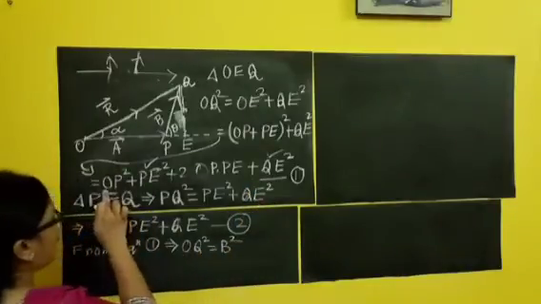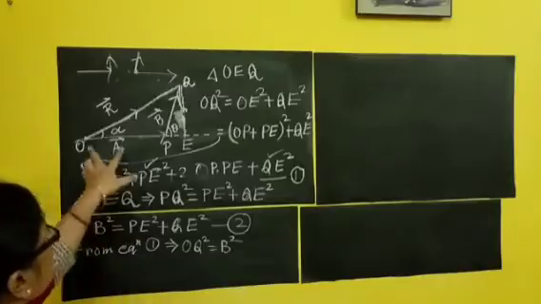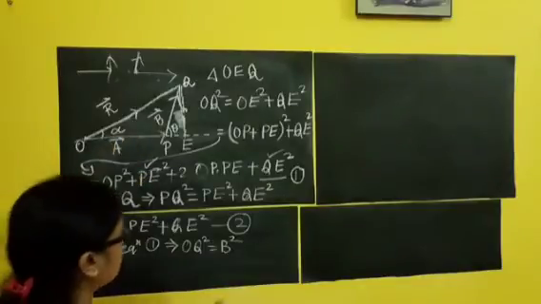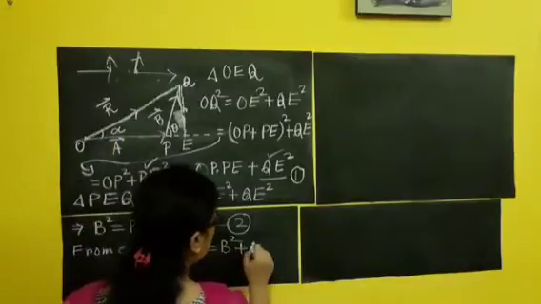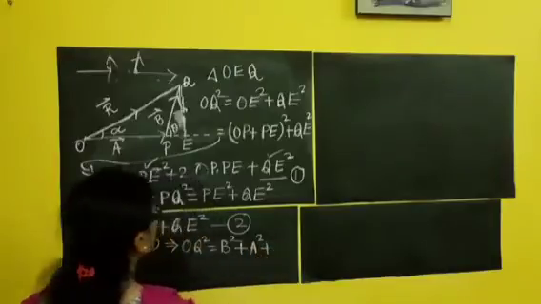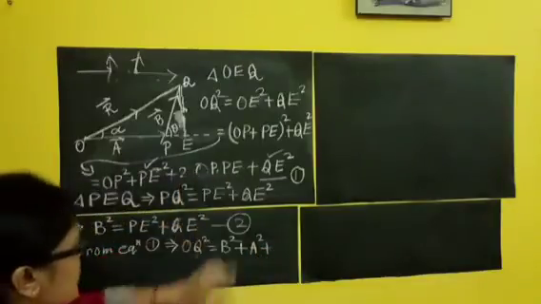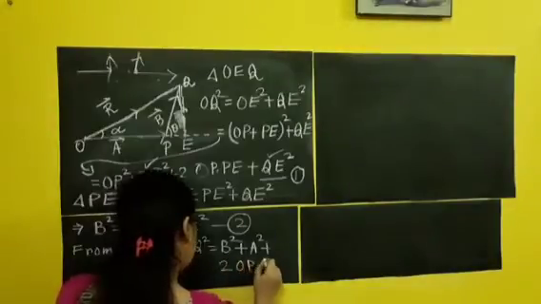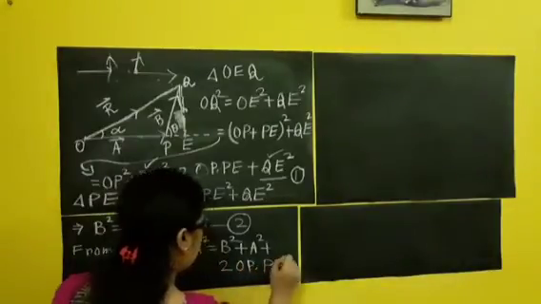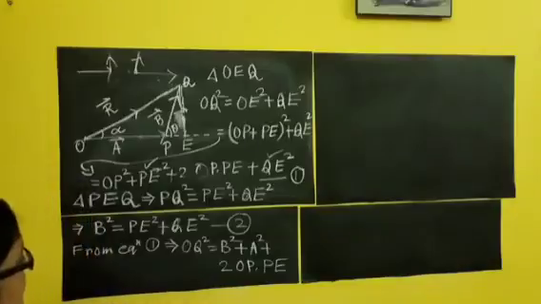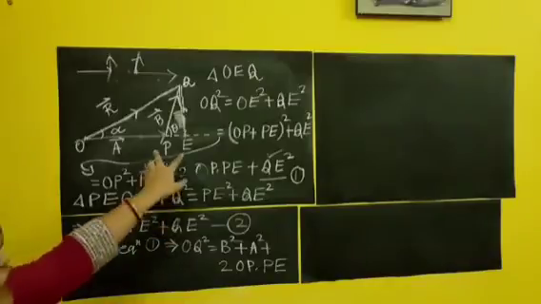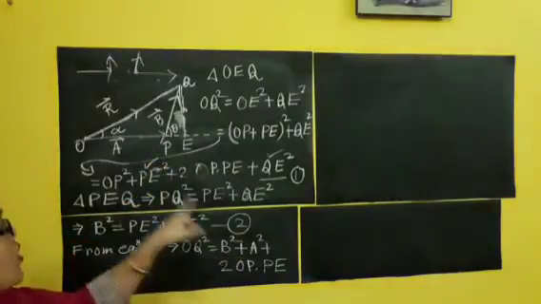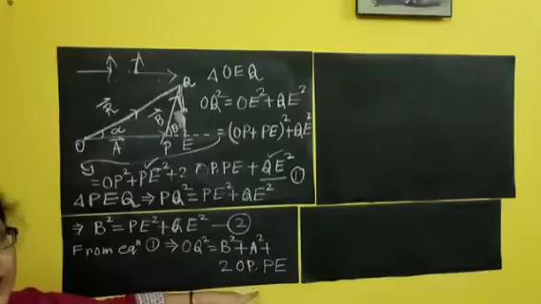Now OP square is who? Vector A. So plus A square plus 2 OP dot PE. Now see, OP means vector A, no problem, but PE I don't know.